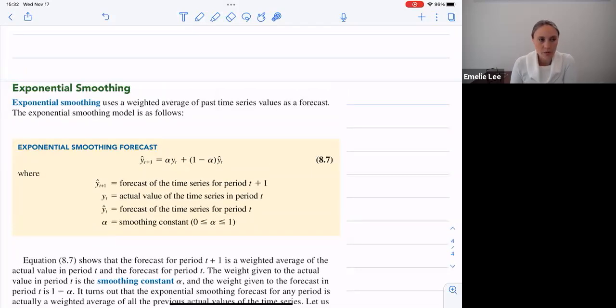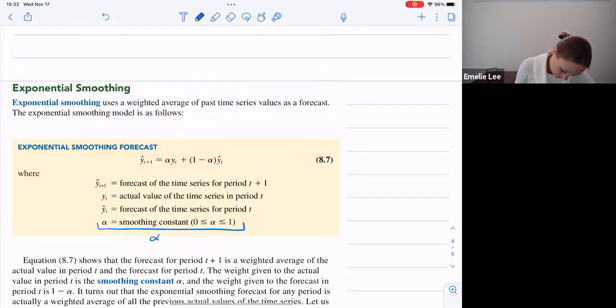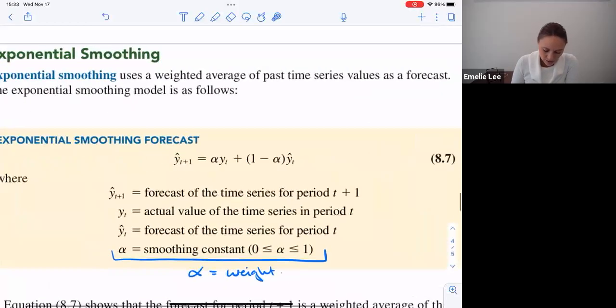So the exponential smoothing is really just a weighted forecast. Okay, so the alpha is the smoothing constant, and it's the actual weight. And so what we're trying to do is we're trying to forecast for t+1.